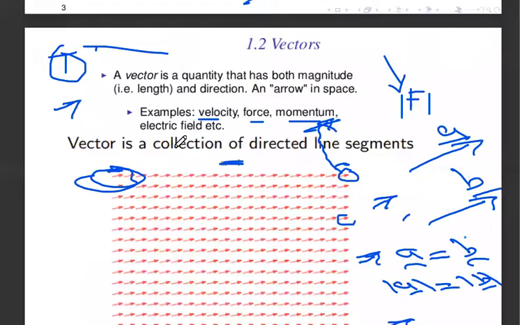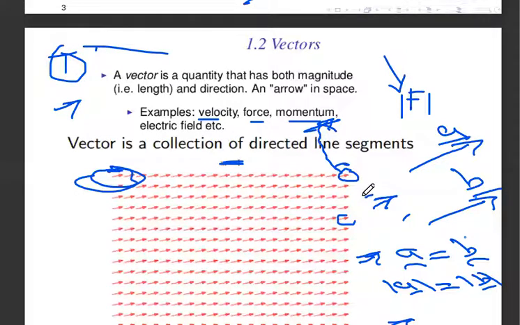So you can define a vector like this, and you can generate infinitely many, because everyone has the same length or magnitude and direction. This set of vectors represents a single one.